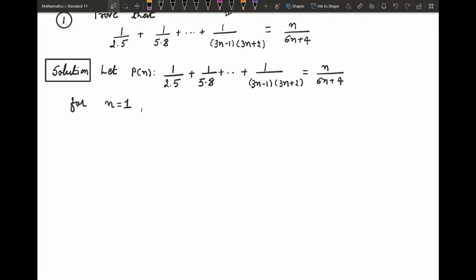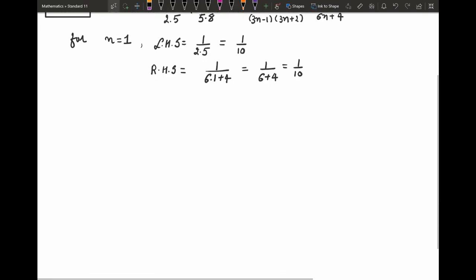So for n equal to 1, LHS equal to 1 upon 2 into 5, that is 1 upon 10. While in RHS when we take n equal to 1, 1 upon 6 into 1 plus 4, so 6 into 1, that is 6, so 1 upon 6 plus 4, that is 10. So you can observe both are same.